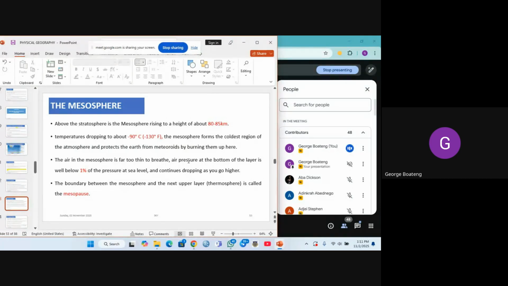From there, you go to the next layer, which is called the thermosphere. The boundary separating the mesosphere and the thermosphere is called the mesopause.